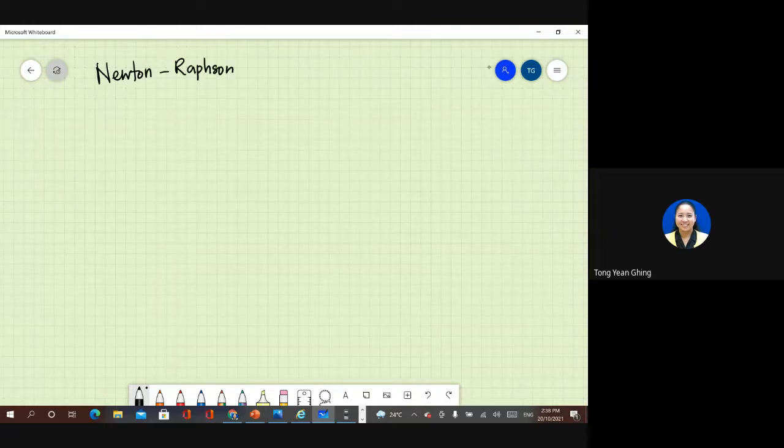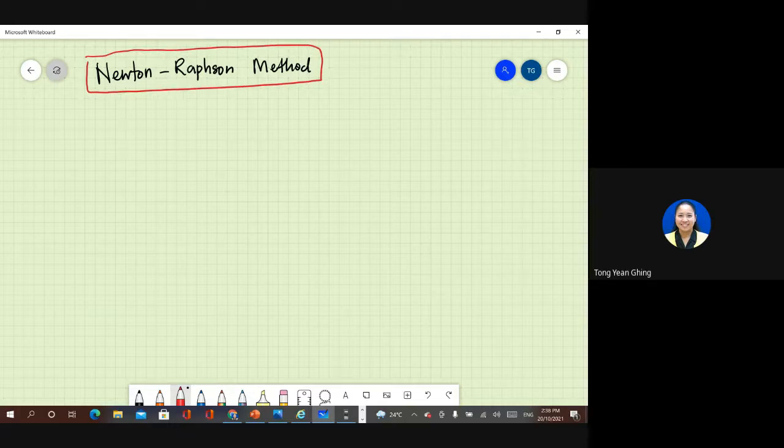Newton-Raphson method. So this is another iteration method.